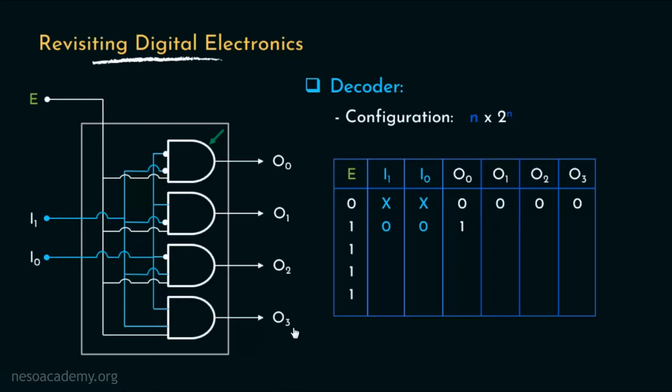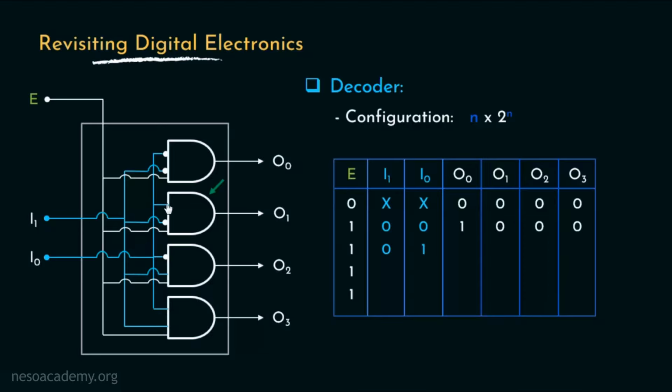Hence, for all these, the produced output will be 0 only. Now if I1 and I0 are 0 and 1, this AND gate will be selected. Observe closely. For this, 0 propagated through I1 will be converted by this bubble and fed into the AND gate as 1.